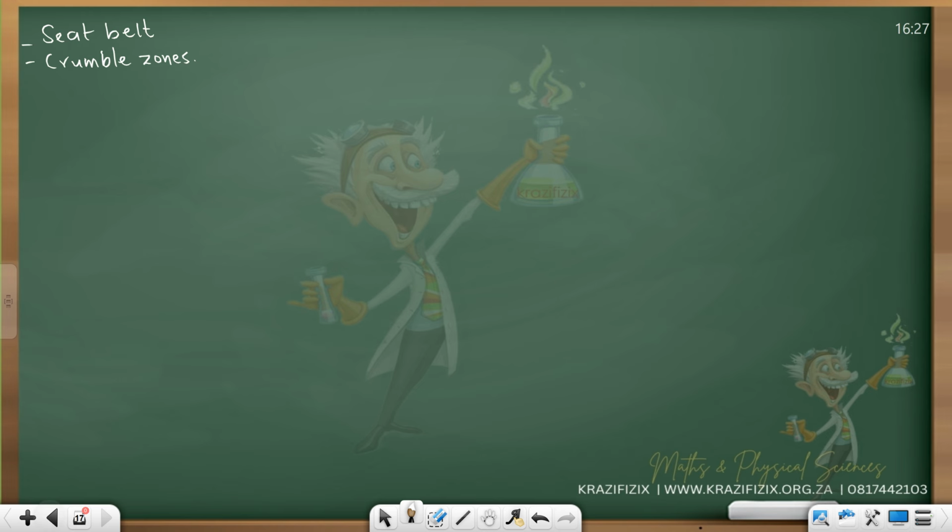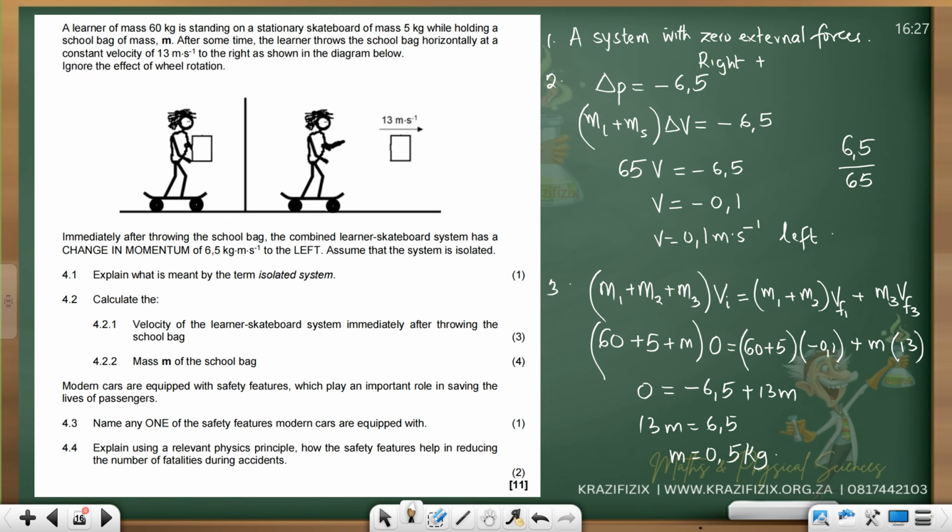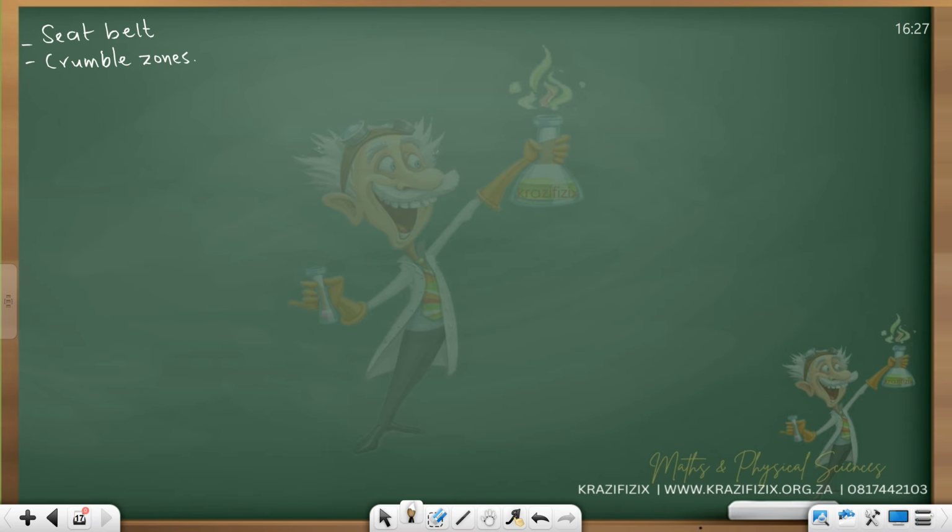Please, the next question is what's important. Explain using a physics principle how the safety features work. This is how you answer. You see these crumple zones, they only do one thing: they increase time of contact. What happens with the time of contact? You would say, for the same change in momentum, F net is inversely proportional to time.